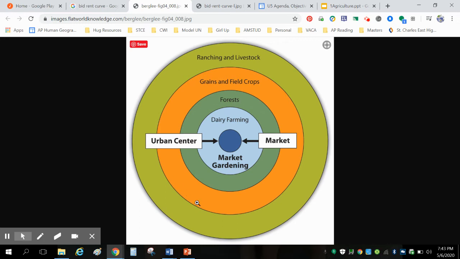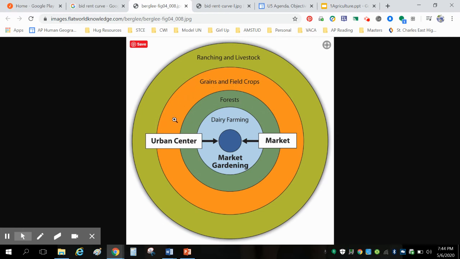Then you get to grains and crops, right? Think about wheat. Think about what part you harvest of wheat. It's literally just the teeny tiny little top of the wheat. You can see the little grains in the top of the wheat field that you're harvesting. So you actually need a ton of land to make profit if you're going to grow wheat or corn or any of those things.